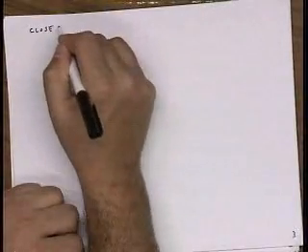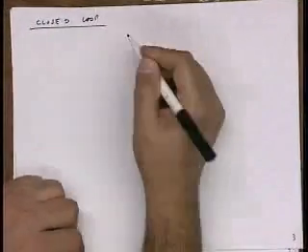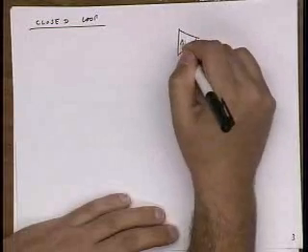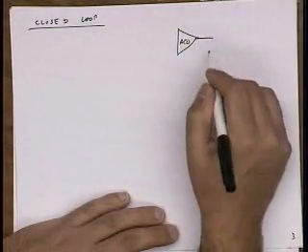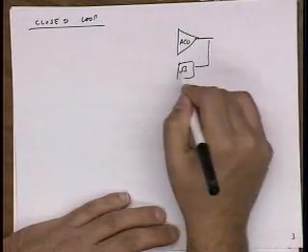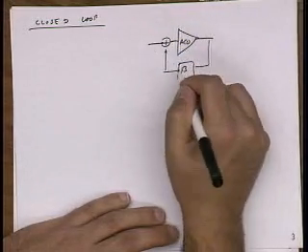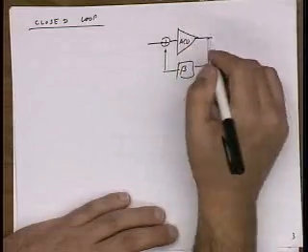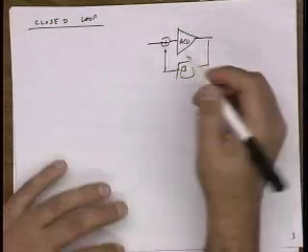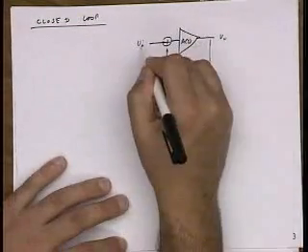Okay, and then what we're going to do, of course, is put this in a feedback loop. So let's assume for simplicity that our feedback loop has a frequency-independent feedback factor, beta, and this is our input and this is our output.